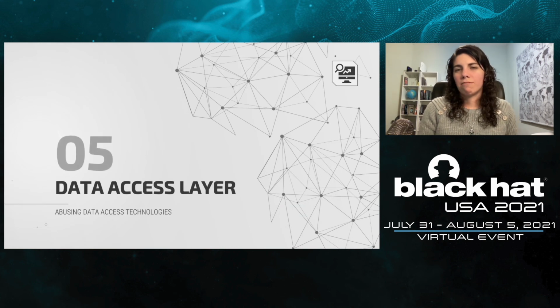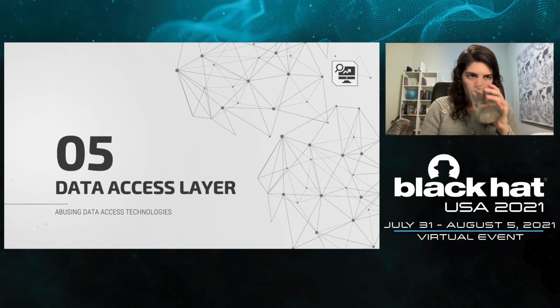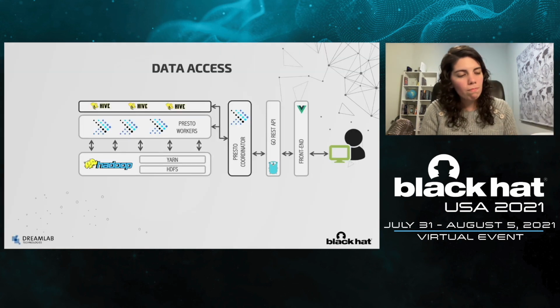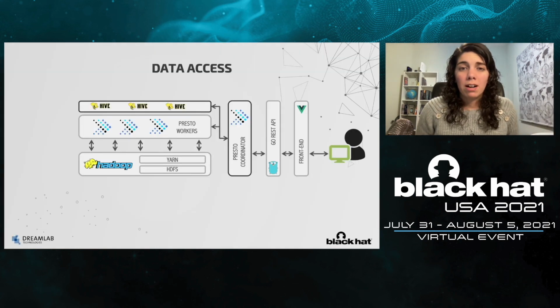Good. So finally, let's talk a little bit about the data access layer. Back to our architecture example, we saw that it's possible to use different technologies for data access. In this example, we are using Presto together with Hive, but there are many others.